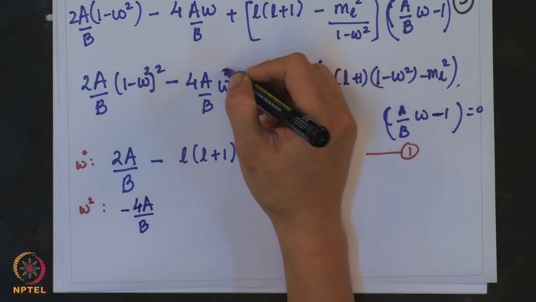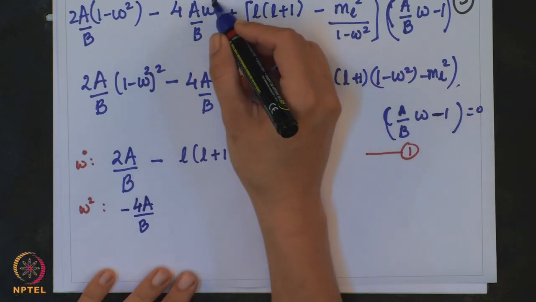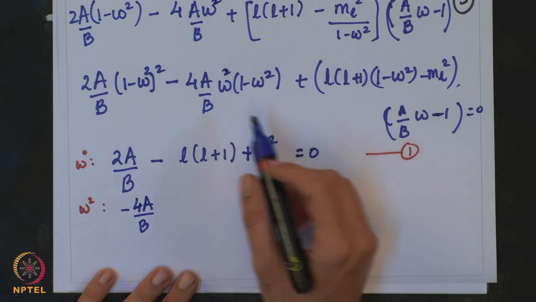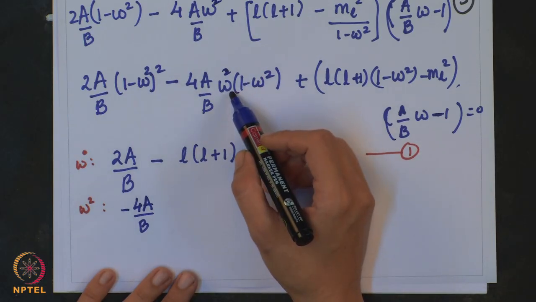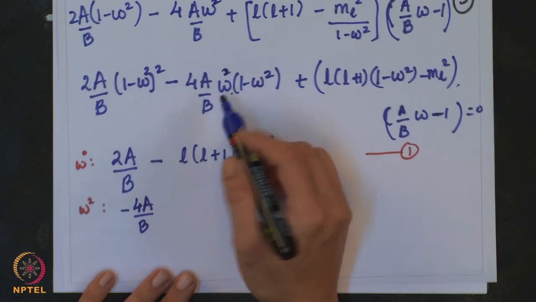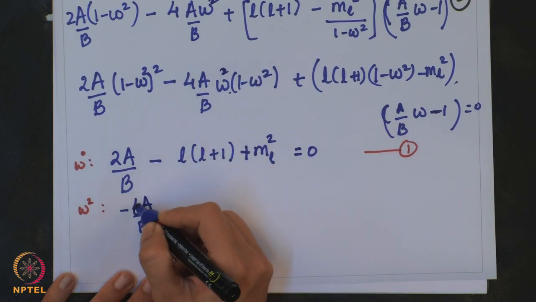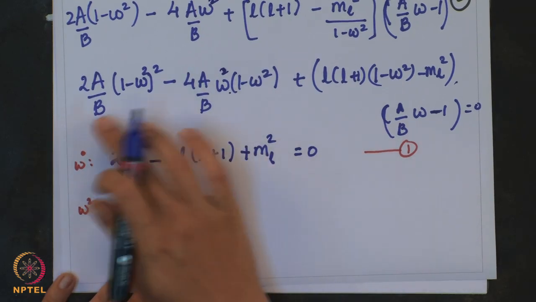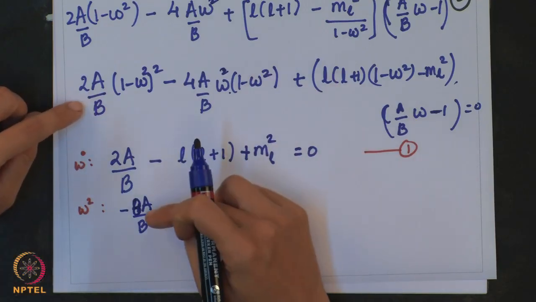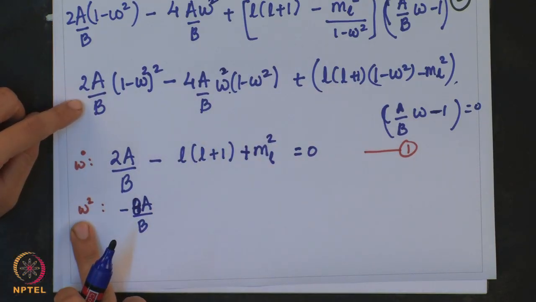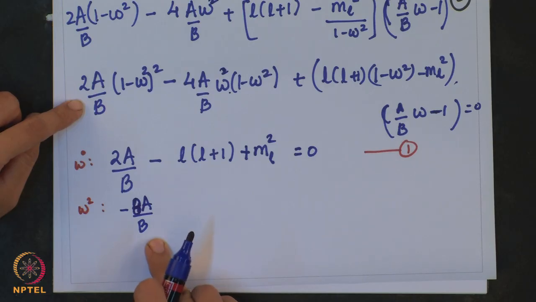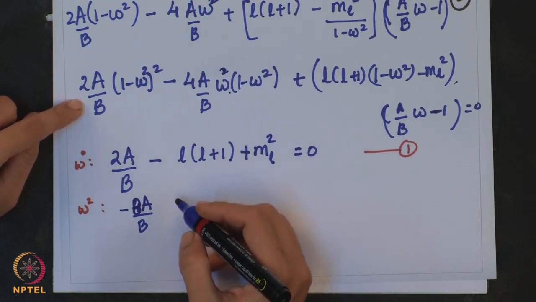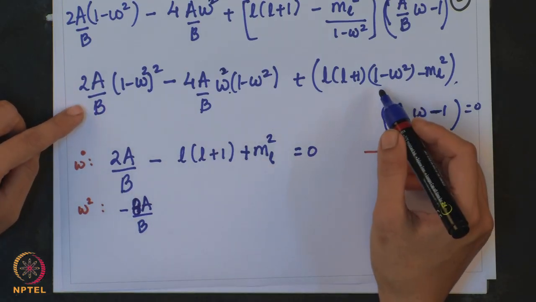So this becomes 8 omega square a by b. So for the coefficient of omega square, it will be minus 8 a by b. Next will be the term coming from here.